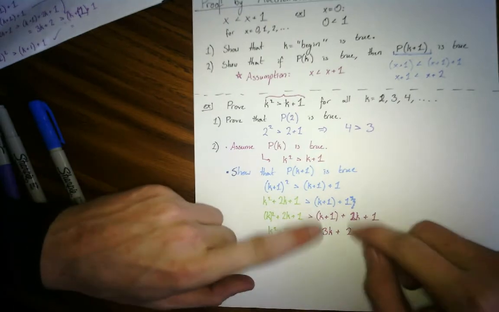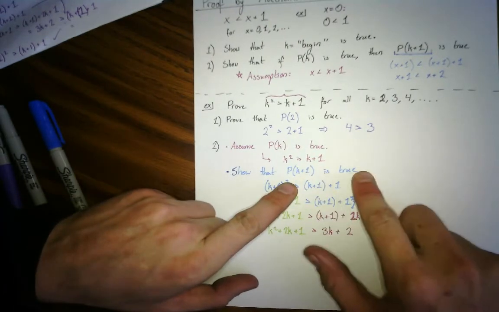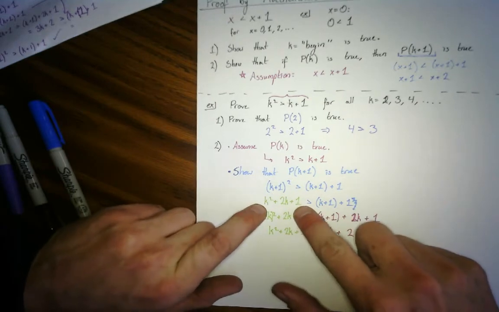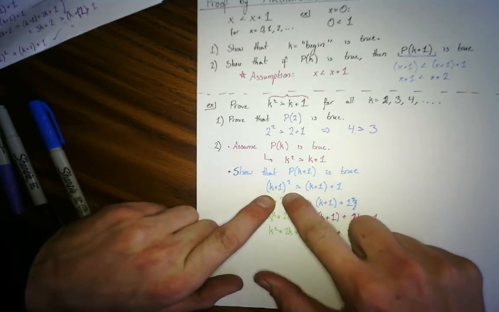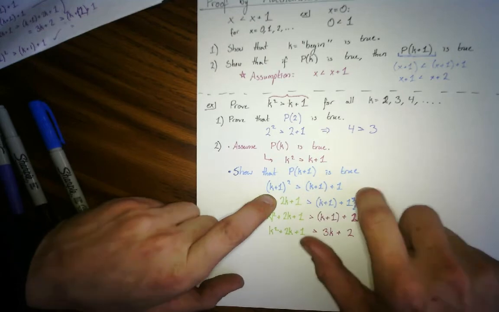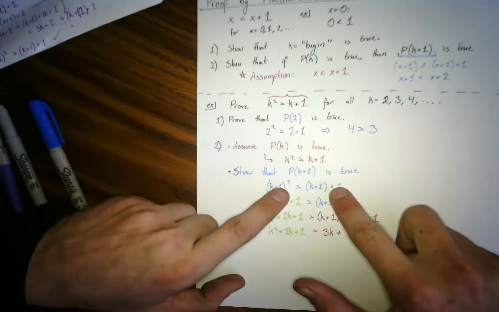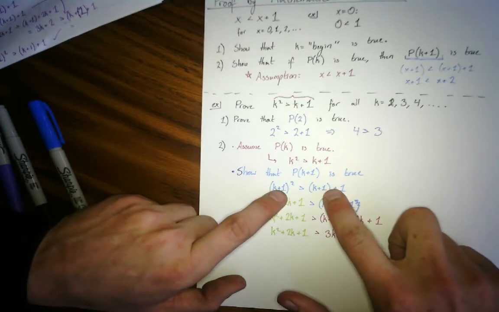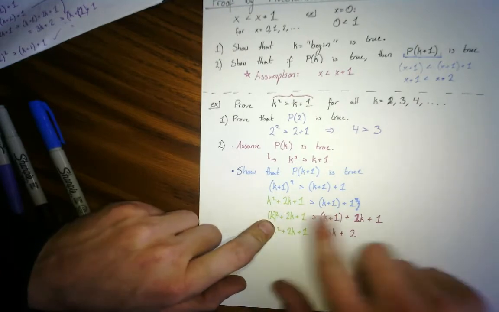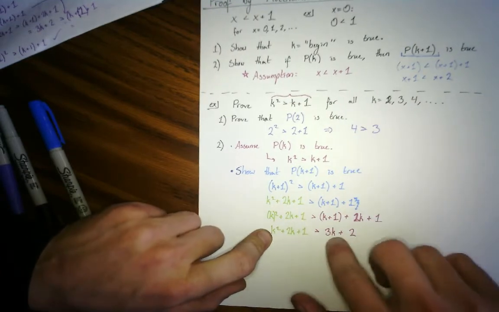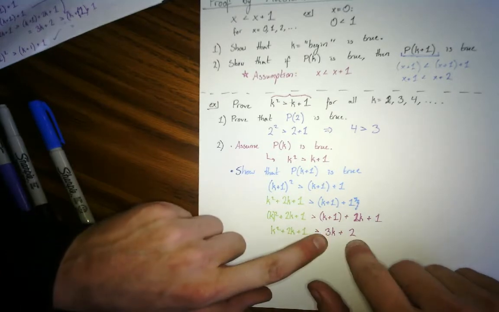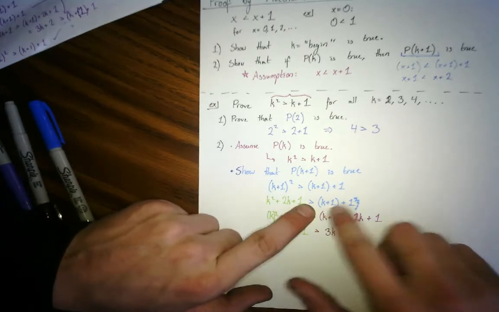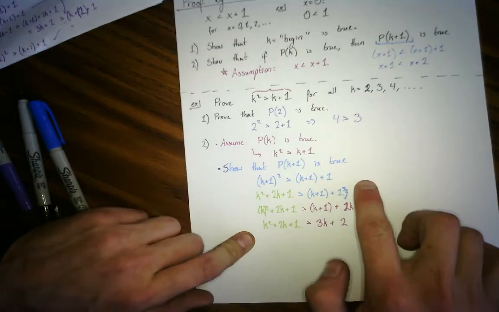But now let's look at what our P of k plus 1 is saying. It's saying k plus 1 squared is greater than k plus 1 plus 1. Then we can show that by the transitive property: if we can show that the green side is bigger than our assumption, then it'll actually be bigger than what we're trying to prove in the beginning.